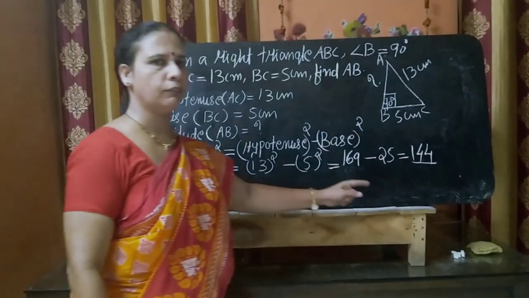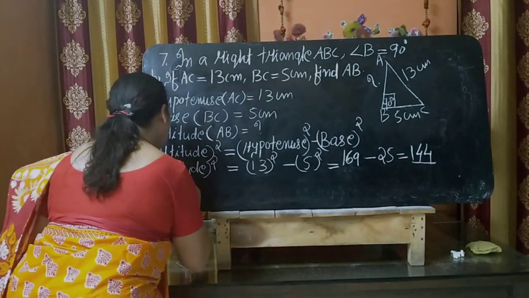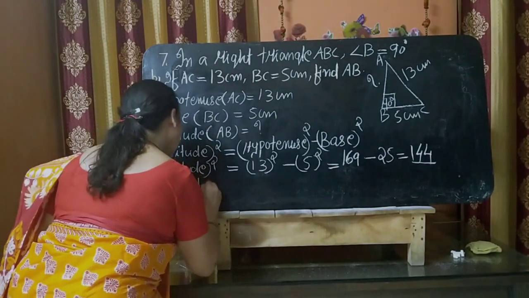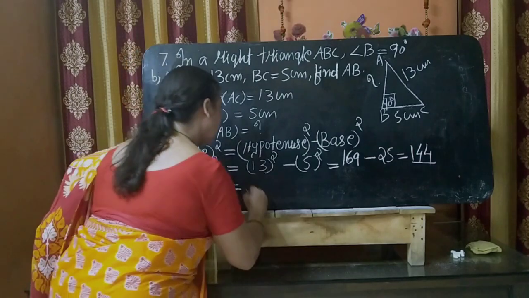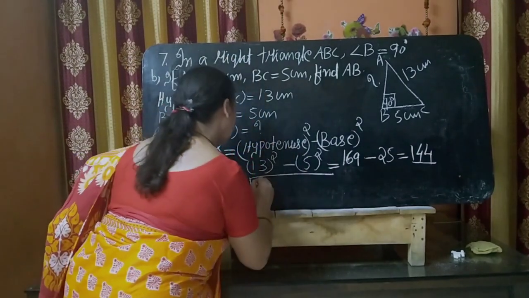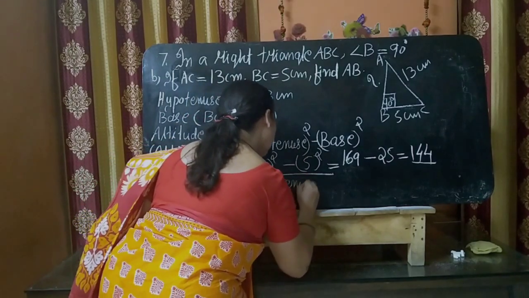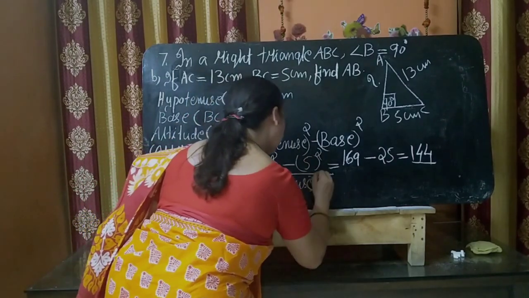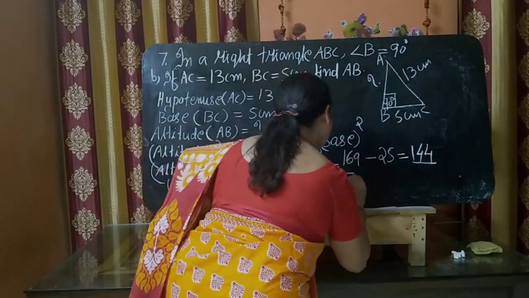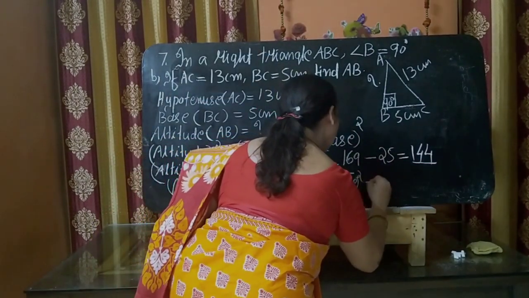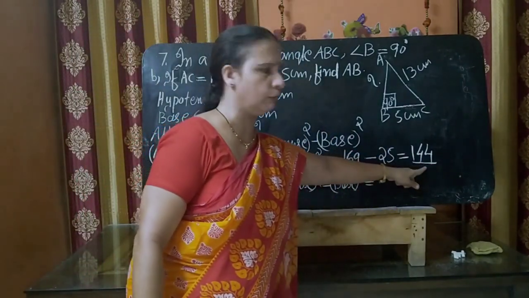Next, what do we have to find out? We have to find out altitude. Then altitude equals the square root of what? Square root of hypotenuse square minus base square. Hypotenuse square minus base square we got 144.